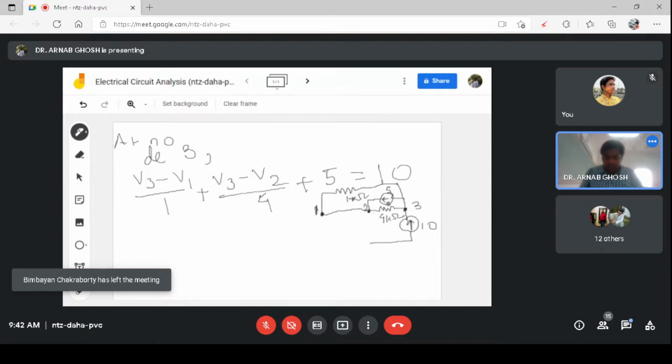If you are assuming that this current is leaving, this current is leaving, and this current is also leaving, then you have this one for this part of the circuit, V3 minus V2 by 4 for this part of the circuit, plus 5 for this one.